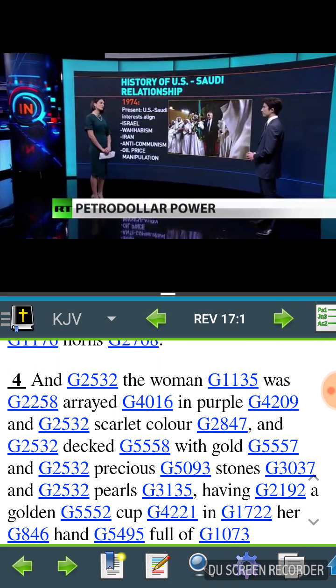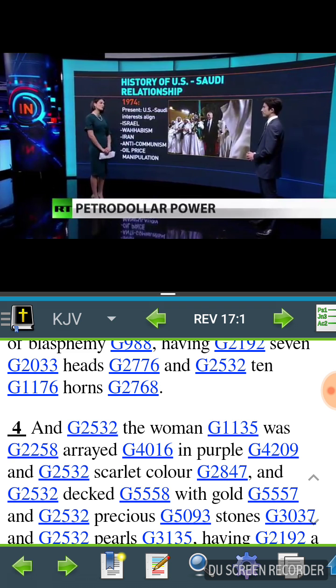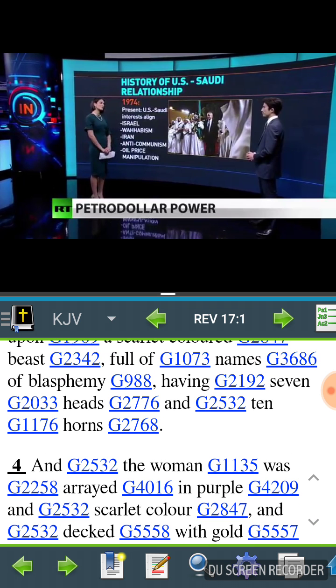The 7 heads were those 7 nations, and the 10 horns were the original nations of the EEC, the European Economic Community. Slovakia, brothers, it slipped my mind, but those were the original 10 nations, which is more than 10 now.